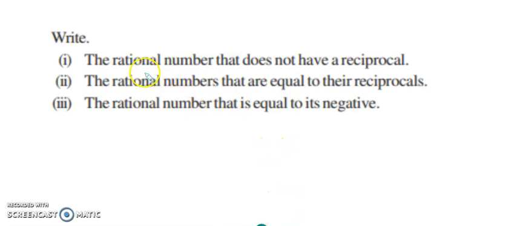Now, write a rational number that does not have a reciprocal. Reciprocal means multiplicative inverse. One rational number which doesn't have a multiplicative inverse is 0. Why? I can write 0 as 0 by 1.